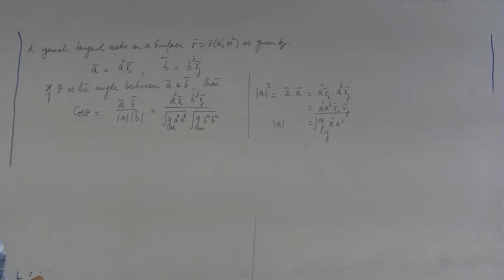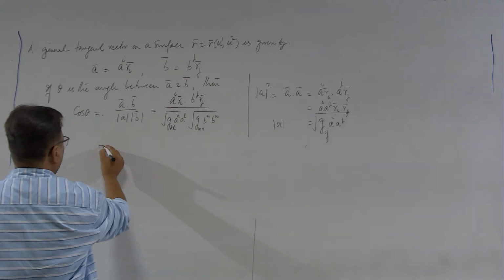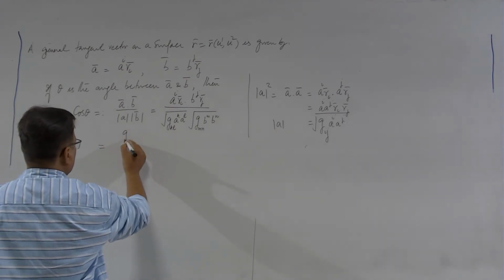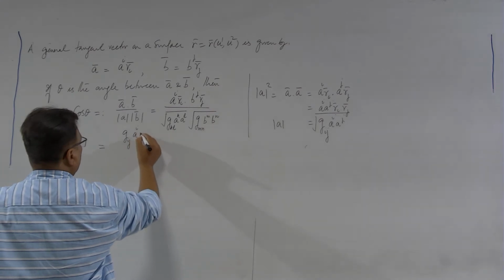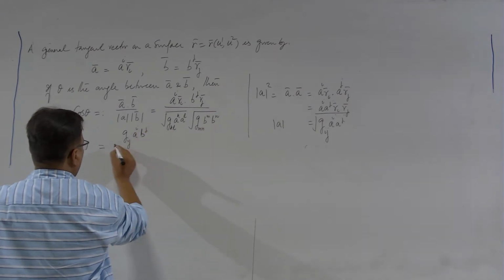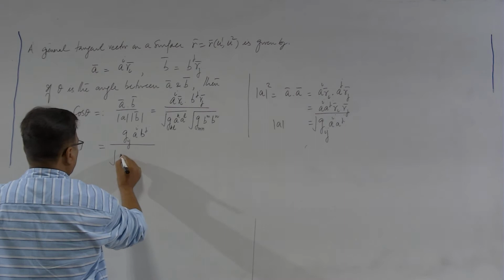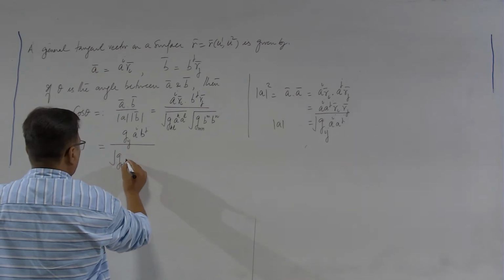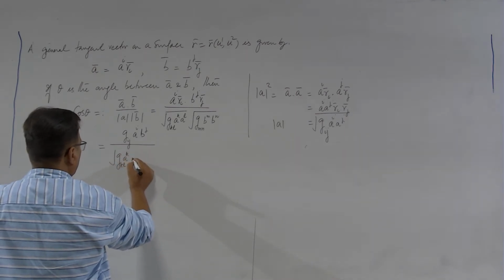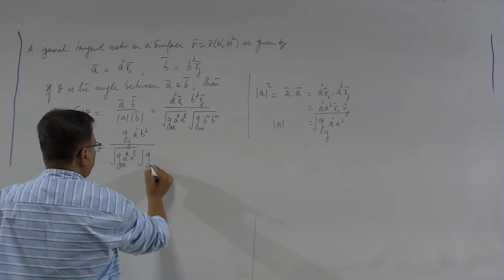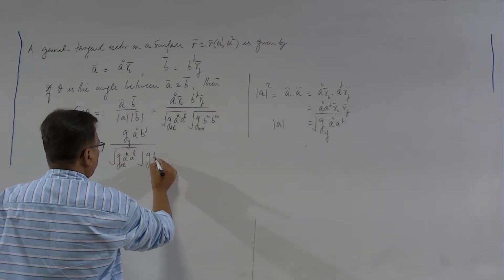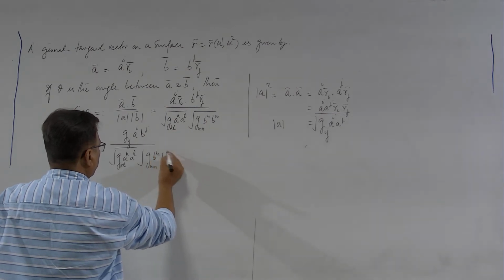Okay. The numerator can also be simplified. It is g_ij a^i b^j upon square root of g_kl a^k a^l multiplied by g_mn b^m b^n.